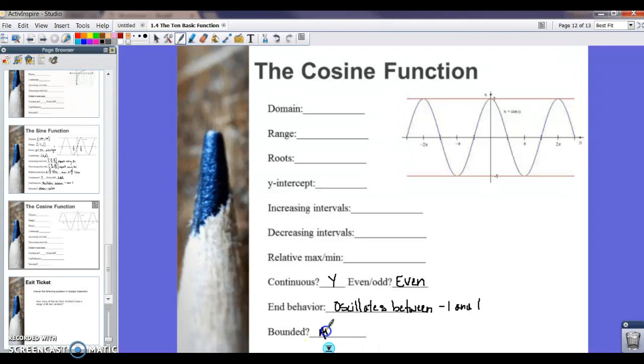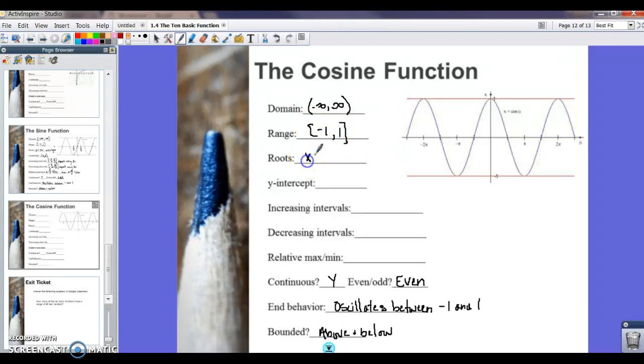It's bounded above and below. So those things are all the same except the even and odd is different, right? But everything else is the same. The domain again goes from -infinity to +infinity, and the range goes from -1 to 1.